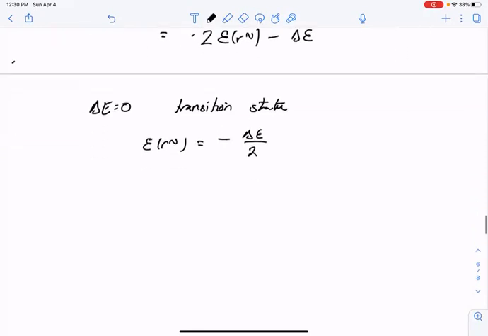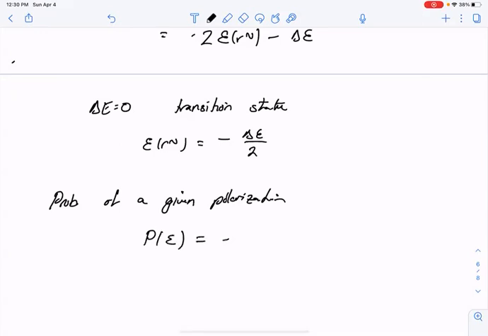So the probability of a given polarization from the surrounding solvent, this is occurring autonomously without any energy injected, so it is given by a Boltzmann distribution. And thus one needs only the free energy to create a given polarization of some magnitude to know what the probability is.